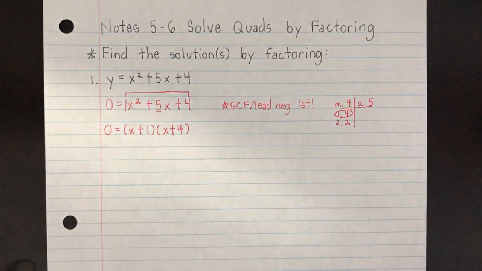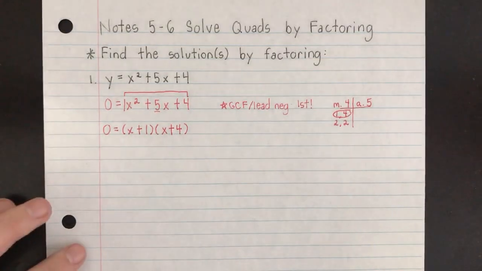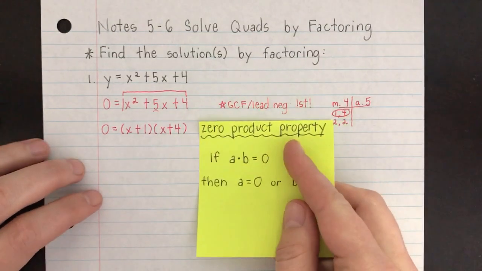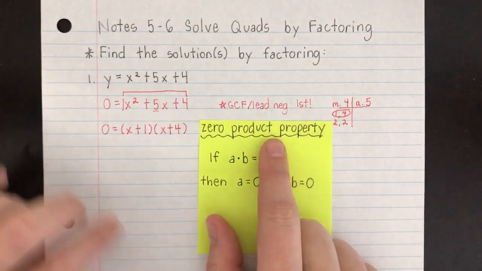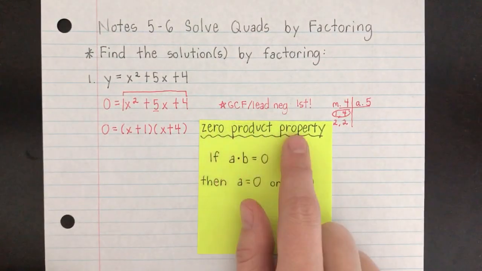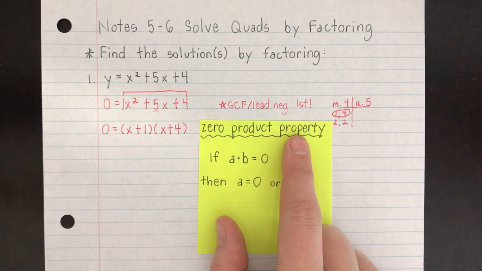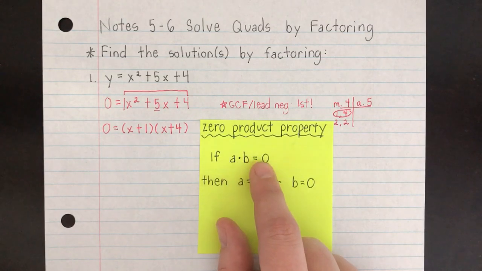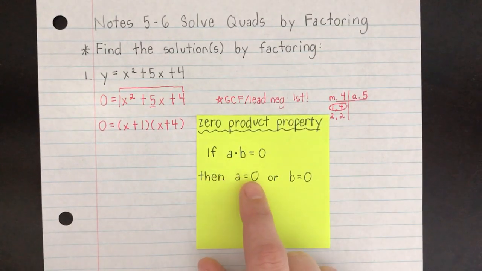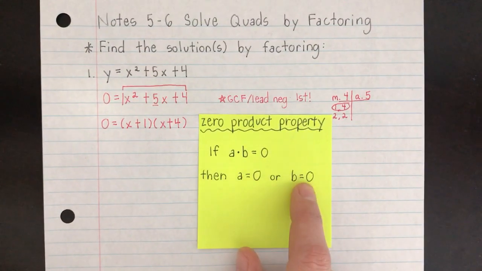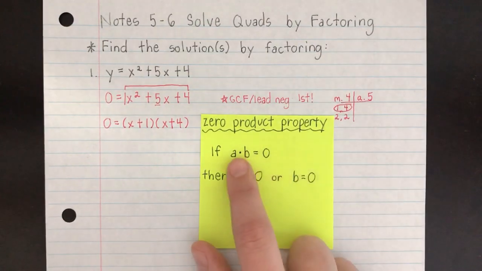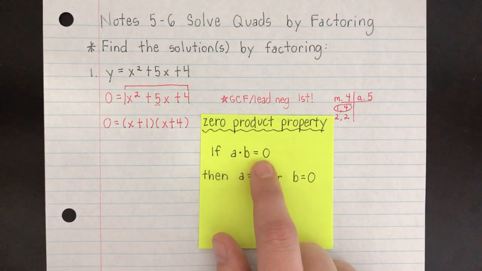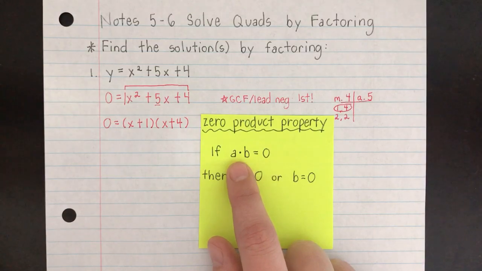Now that I've got my factors, I want to slide this in here. This is not something you need to write down, but it's something we're going to talk about. It's called the zero product property. It states that if A times B equals 0, then either A equals 0 or B equals 0. That makes sense. The only way two numbers can multiply to 0 is if one or both of them is 0.